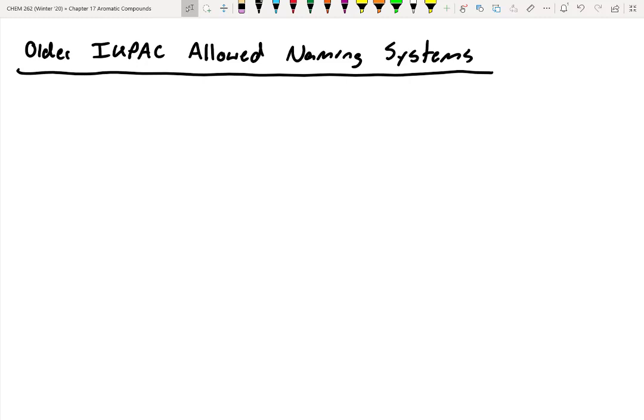We don't need chemists in Japan naming molecules different than somebody in England, than somebody in the United States, than somebody in Sweden, right? We've got to come up with a unified naming system. However, a lot of these old school names have just stuck around because people don't like change, right? So let's go over some of the names that are still sticking around because people don't like change. And luckily, IUPAC actually even threw in the towel and they're like, fine, we give up. You can have some of these old names as a part of the naming convention.